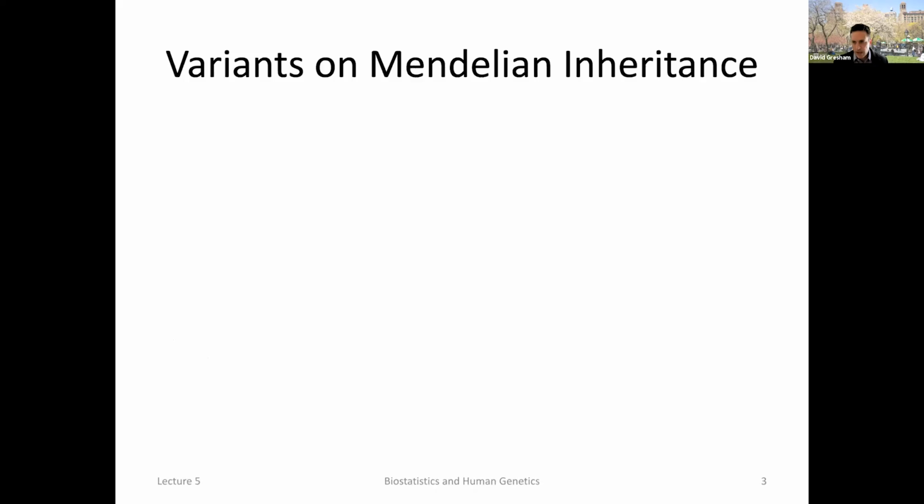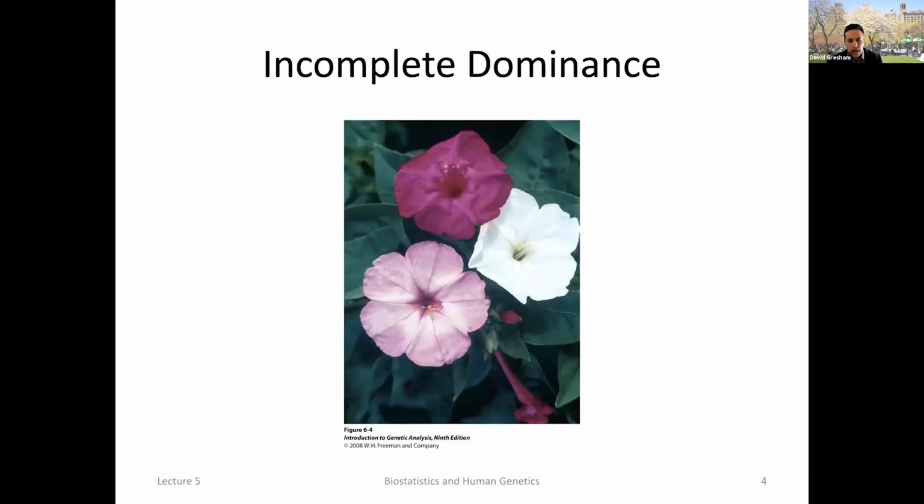So let's just go back now to Mendelian inheritance and the concept of incomplete dominance. Here what we're looking at are some beautiful flowers. We have, in this case, a red flower and an ivory flower, and they breed true. But when we cross those flowers, we don't get a red flower or a white flower back, we get a pink flower back, okay?